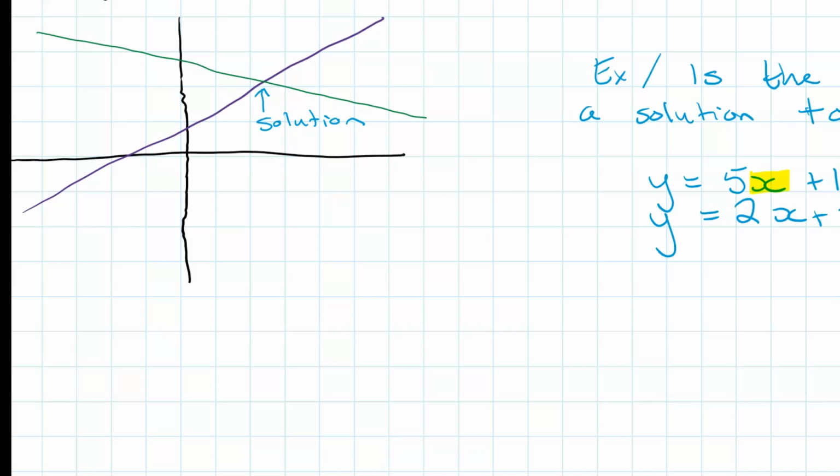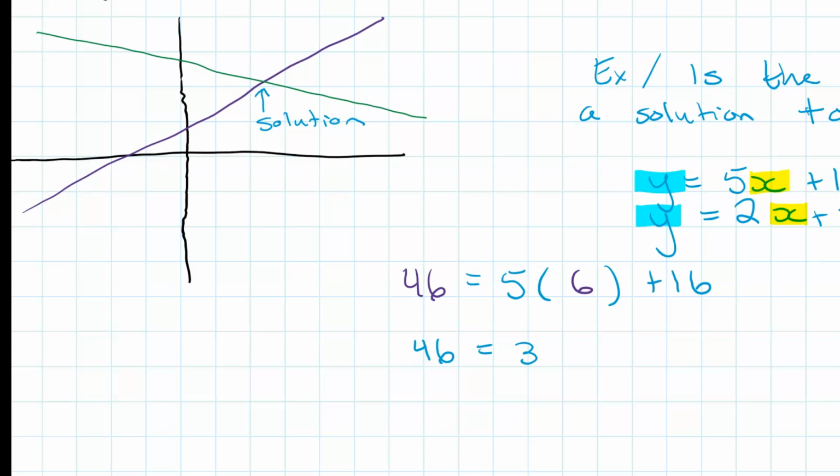So to figure that out, I'm going to put in 6 for the x's in both of them, and I'm going to put in 46 for the y in both of them. So let's start with the top equation. I'm going to put in 46 in the place of the y. So 46 equals 5 times the x value I've got there, 6, plus 16.